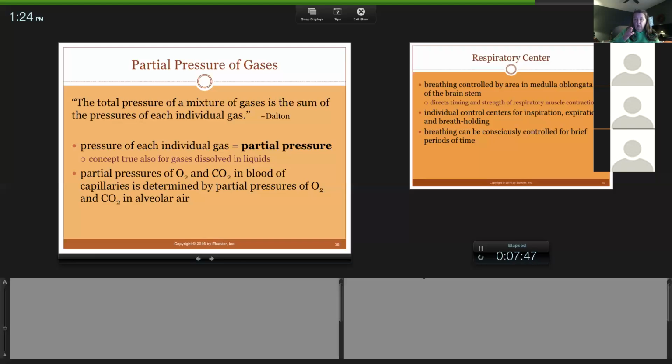Remember I said that when we draw a basic blood sample for testing, you normally draw from a vein. But if we're evaluating oxygen and carbon dioxide, those samples are going to come from an artery because that is where we find oxygenated blood. So whatever's in the blood is reflective of what is in the alveolus because there's a relationship of diffusion.